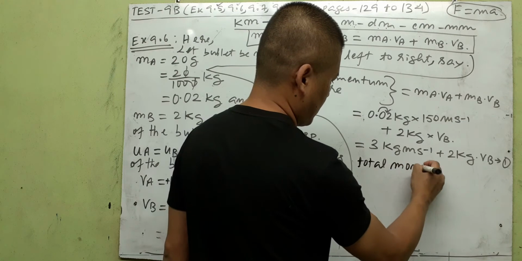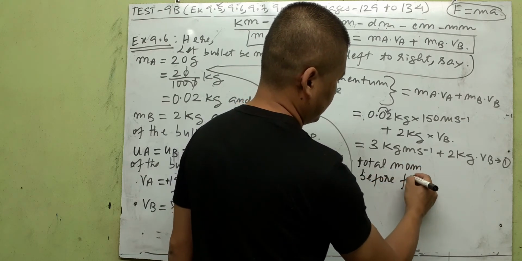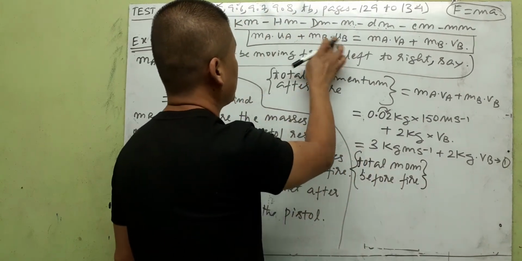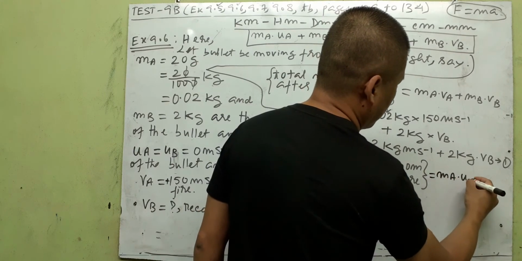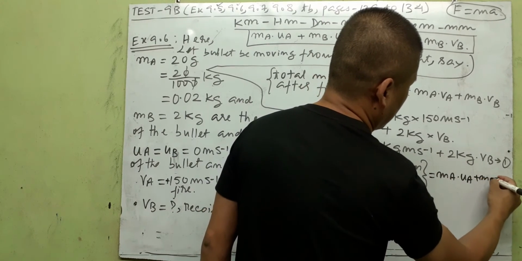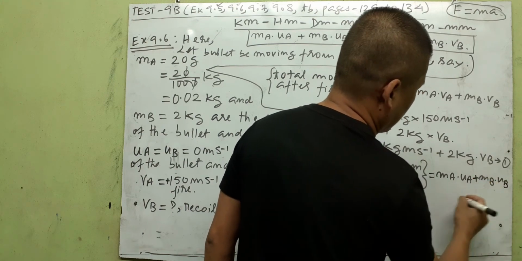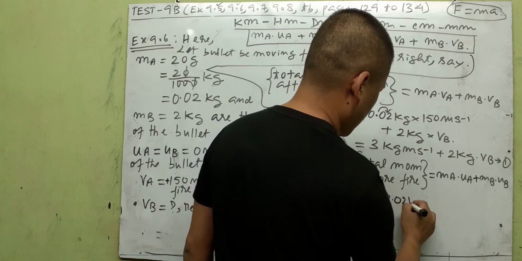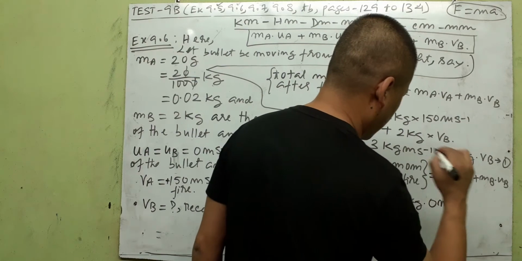Likewise, before firing. The formula will be the left portion here. Before is UA, this portion UB. So it will be equal to MAUA plus MB UB. So here they'll give you MA is 0.02 kg into this one 0 meter per second.